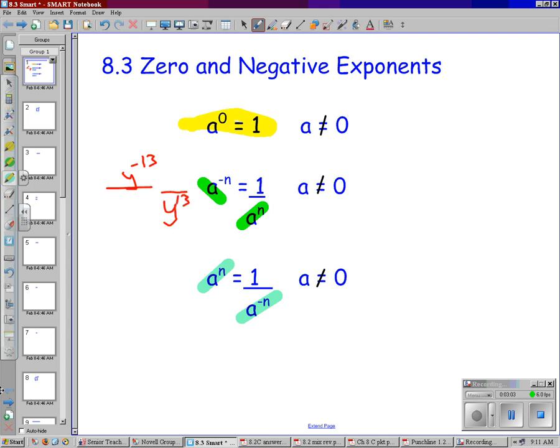Cassie? So for the third one, can you just leave it as a to the, as it was, because it's opposite? What they're trying to show you here, Cassie, on this third one is if it is in the denominator, you move it up to the numerator, or if for some reason I have to move it to the denominator to gather things together, once I flip it, it has to turn the opposite of what it was.